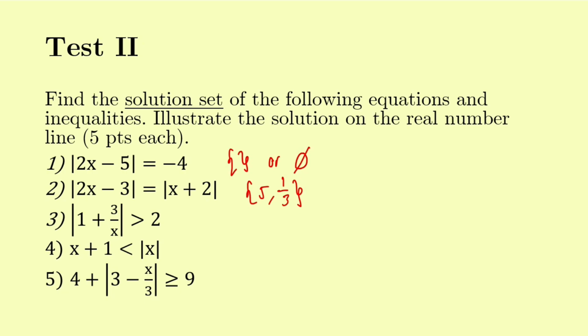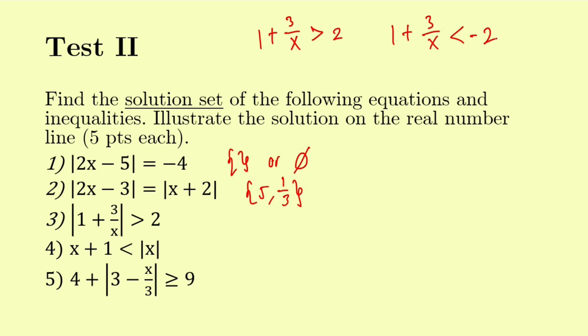So kapag greater than, that means 1 plus 3 over x is greater than the positive counterpart of the given, yung sa right side natin ng inequality. And it will be less than negative 2 for the other case.